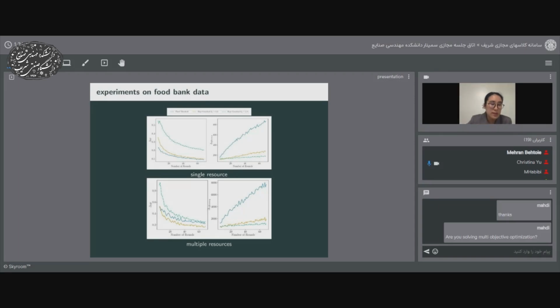So the question of, are we solving a multi-objective optimization? In fact, our setup is indeed giving guarantees on multiple objectives, in that we give guarantees on delta efficiency and delta NV.